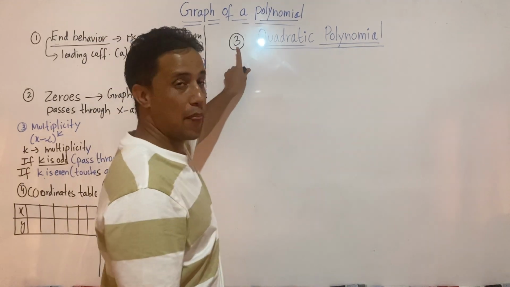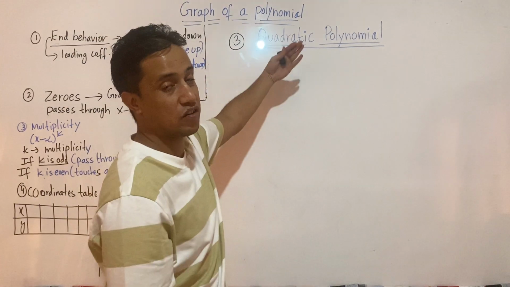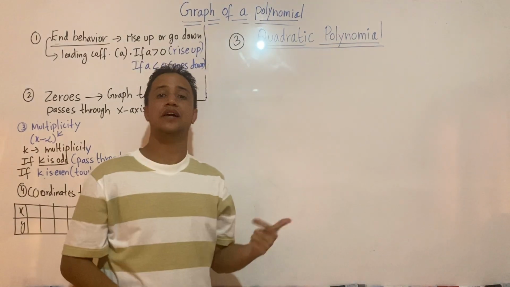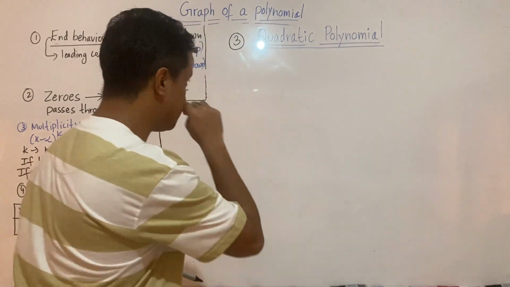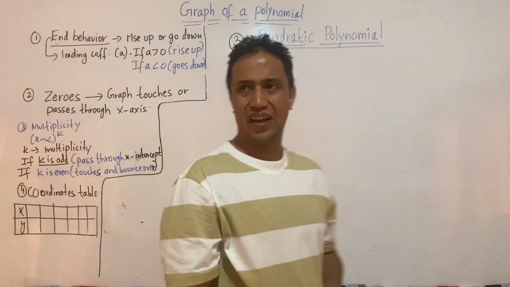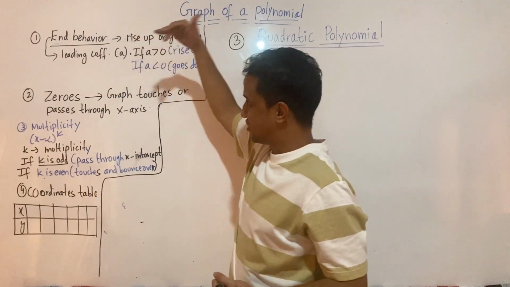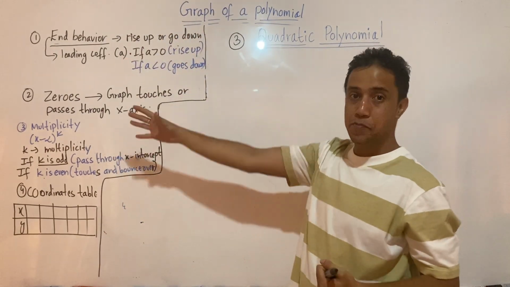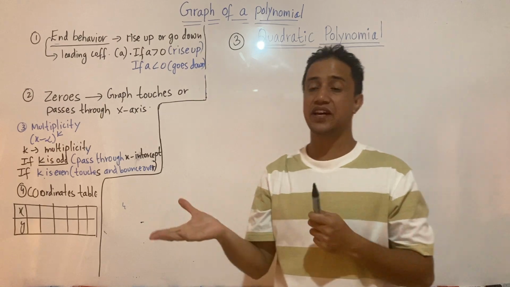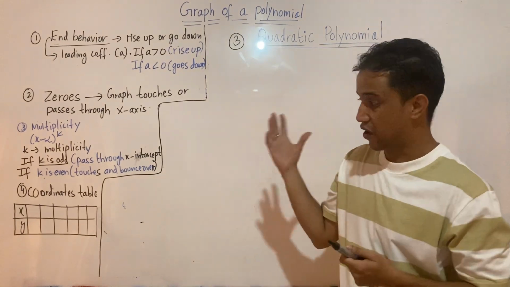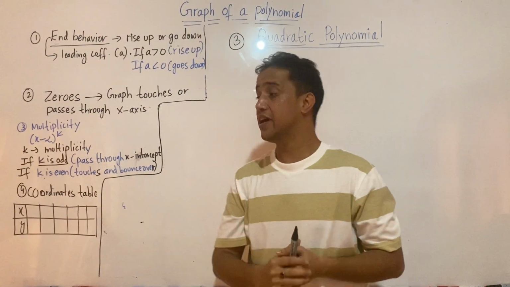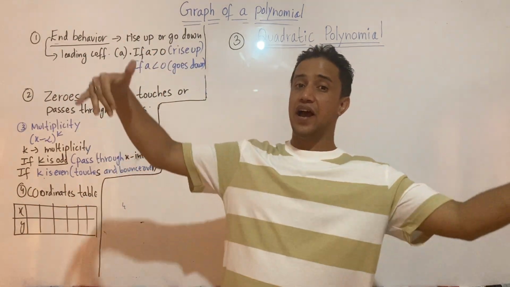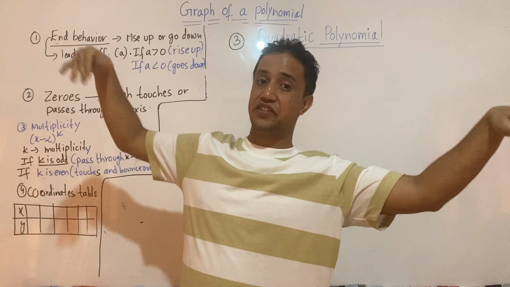Now I put number 3 here because we discussed constant, then we had linear polynomial in the last session, okay? On the left side, I just put the main key points that we need when we sketch the graph of any polynomial, okay? We need the end behavior of the graph, where it goes, that defines the directions.